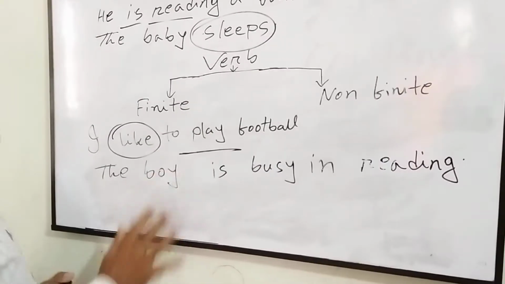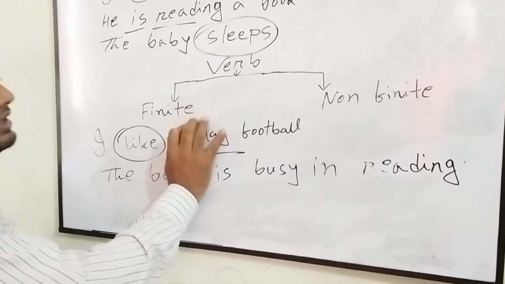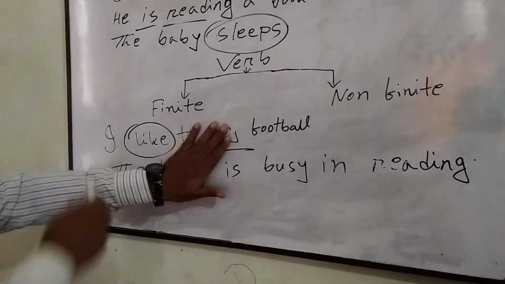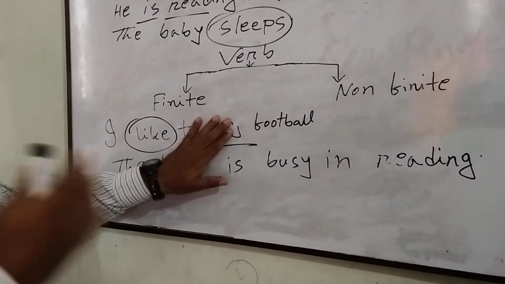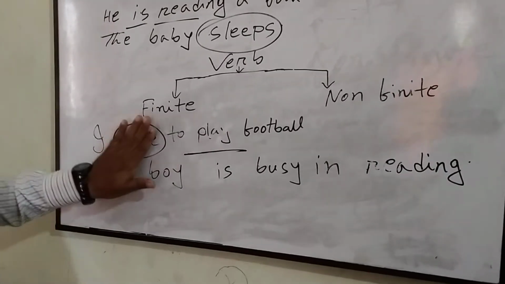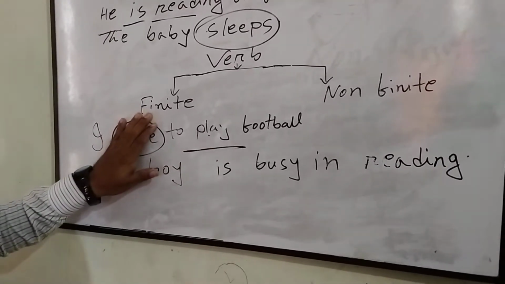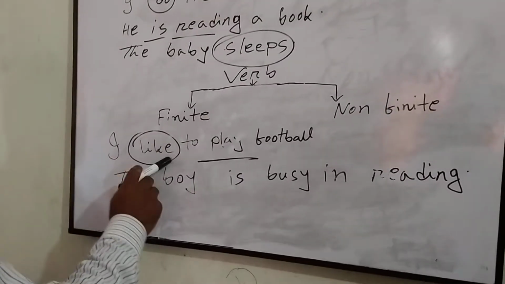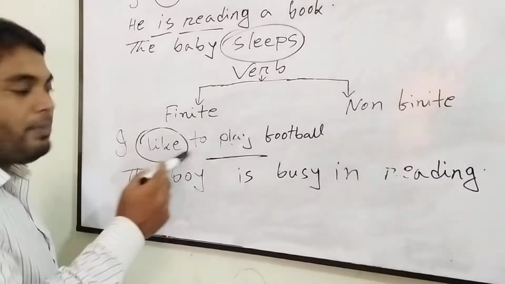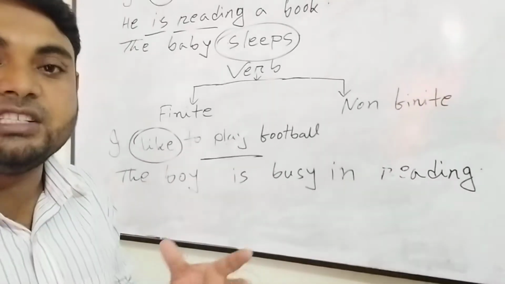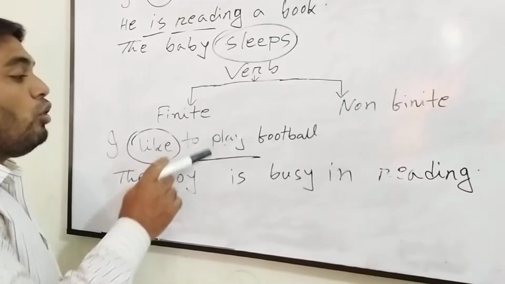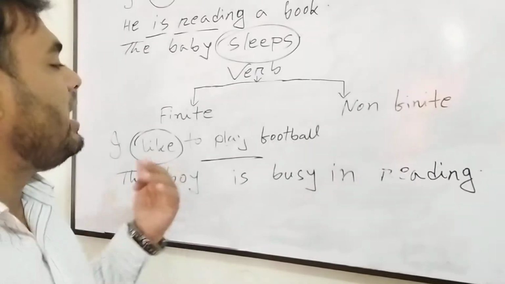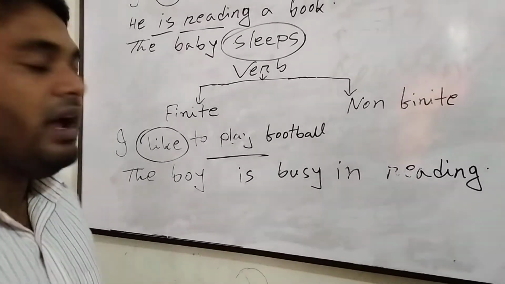Here, if I don't write to play, say, I like football. This sentence has a meaning. But I to play football. This is not a meaningful sentence. So, without the help of finite verb, a non-finite verb cannot explain its meaning. But without the help of non-finite verb, a finite verb can explain its meaning.